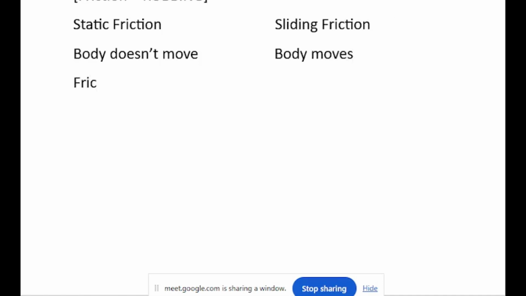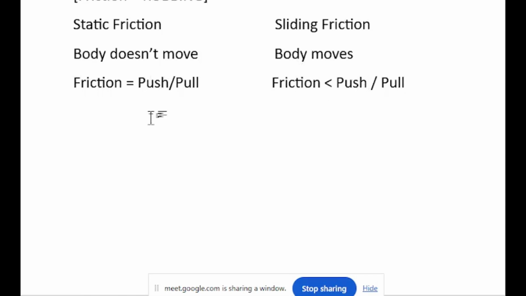Second, in static friction, friction is equal to push or pull. I am writing push, but it can be push or pull. Here push or pull is more and friction is less, so push or pull is greater than friction, and the body moves.